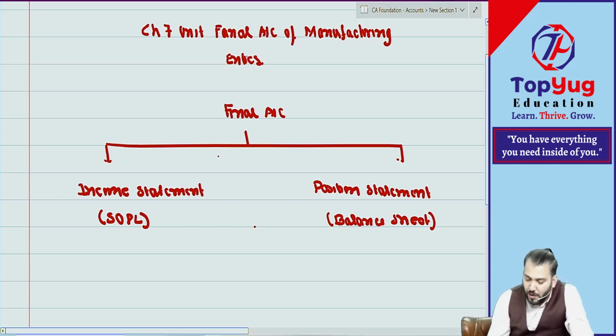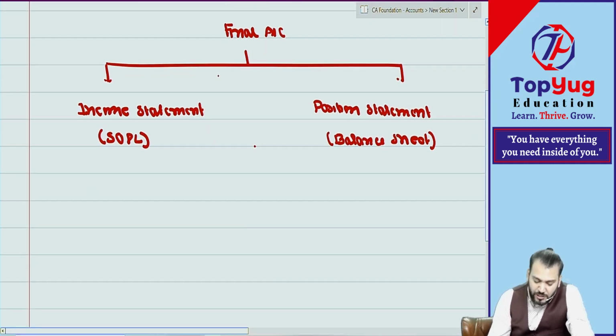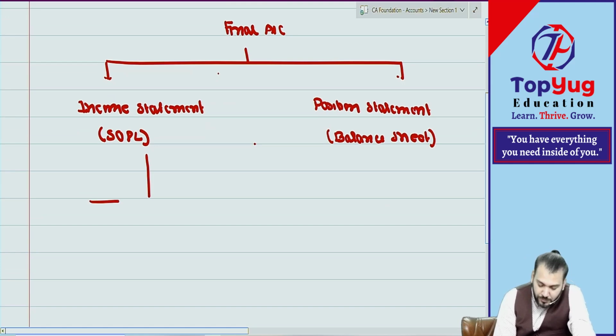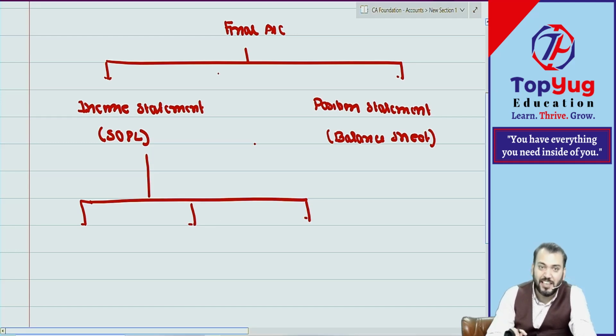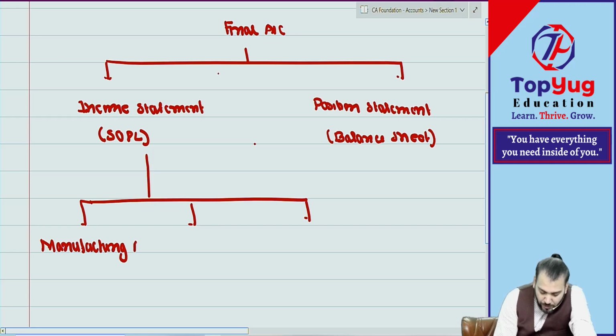You can see there is not much difference in the final account. Only what will happen now, in the income statement there will be three parts. When we were in non-manufacturing, we did trading and PL. Now first will be the manufacturing account.